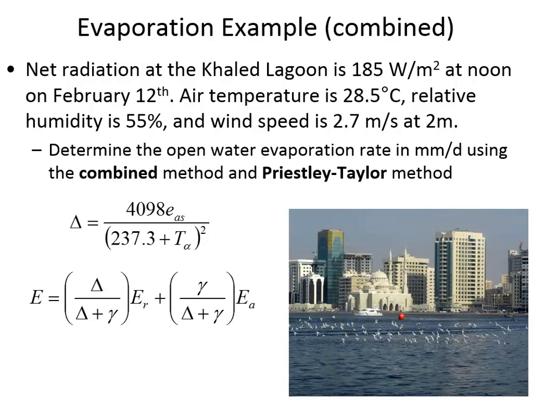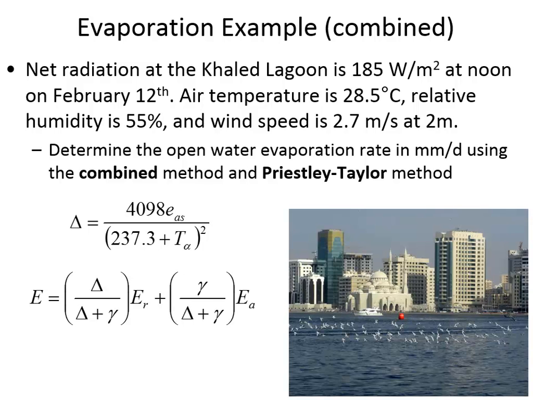What's better to do is have an hour-by-hour measurement of solar radiation. That's what you're going to do in the homework. You're going to take this combined method and you're going to estimate what is the evaporation rate at every hour, because that's what we have the measurement of radiation intensity for. And so you don't have to go through and do it on paper every hour 24 times.